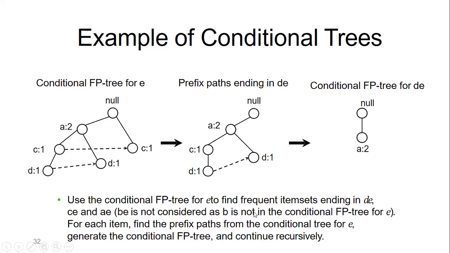But we do not consider B because it is infrequent. For each item, find the prefix paths from the conditional tree of E, generate the conditional FP tree and continue recursively.